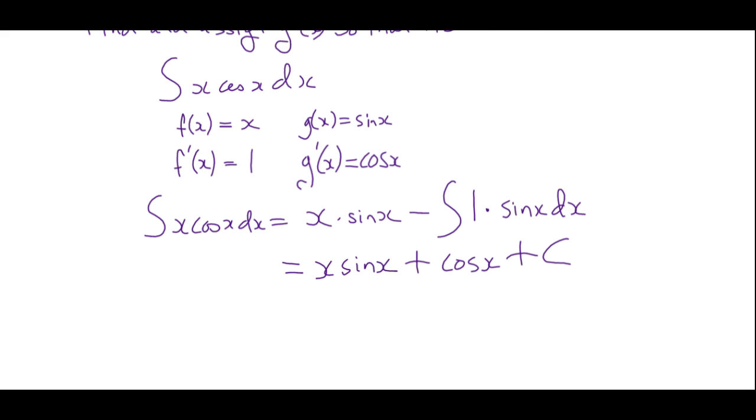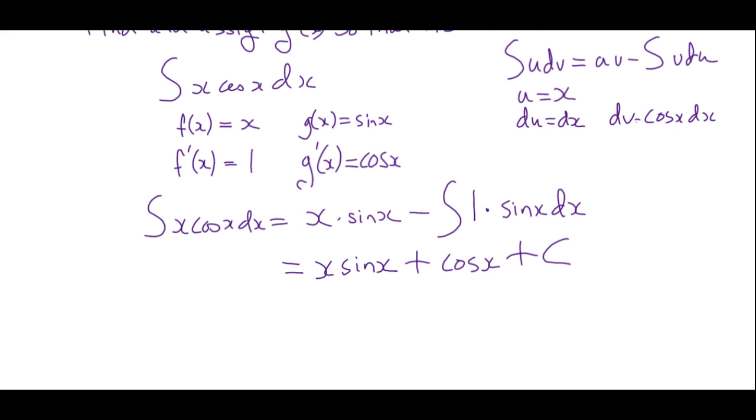Okay, and we can do this in the same form using the integral of u dv is equal to uv minus the integral of v du. So here we assign u, which would be x, in which case du becomes dx, and dv is cos x dx, and so v is sine x.